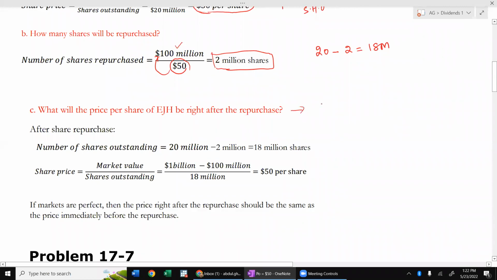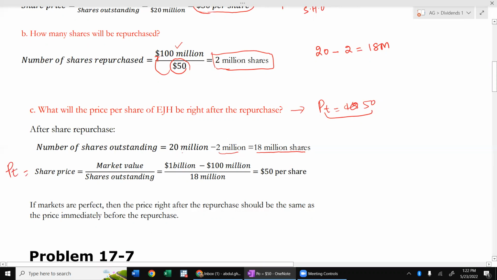So we know that the price should be 50, but we need to calculate that. After the share repurchase, the number of remaining shares is equal to total shares minus the shares that we bought back. How many shares are remaining? 18 million.